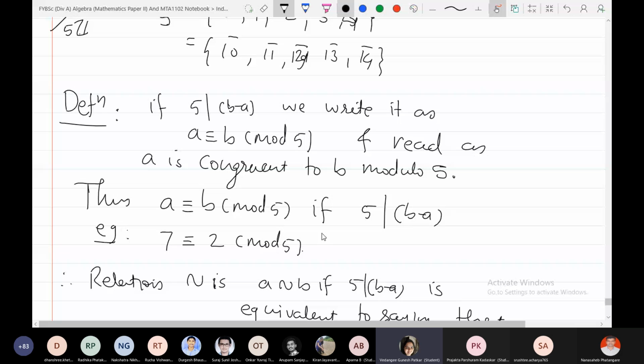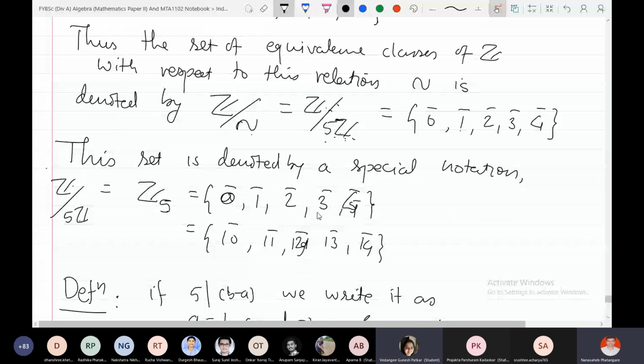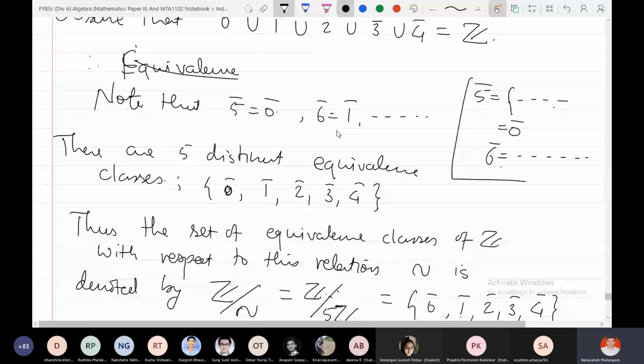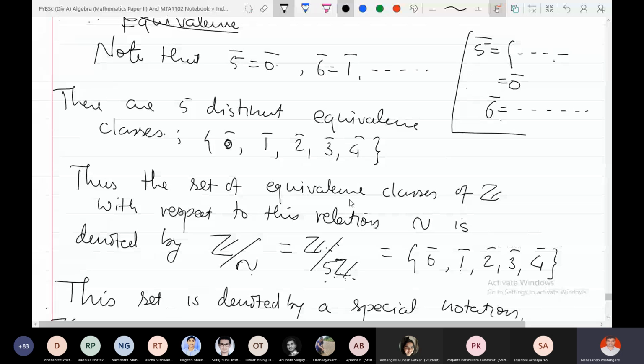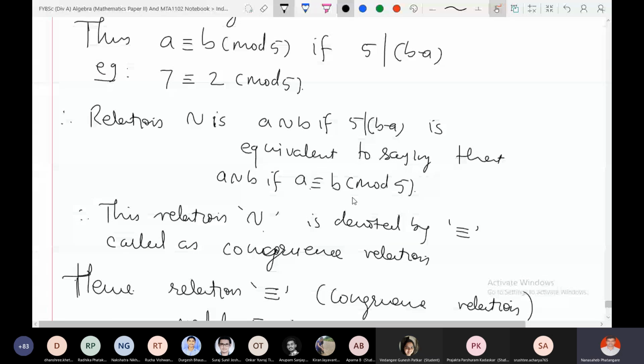How can we say any relation is congruent or not? No, I am talking about a very particular relation, not any relation. What relation am I saying here? If the difference of a and b is divisible by 5, then these two are related. My relation is very special.